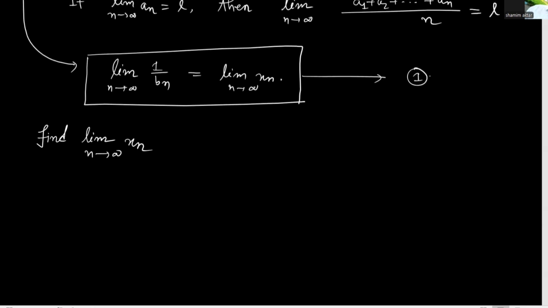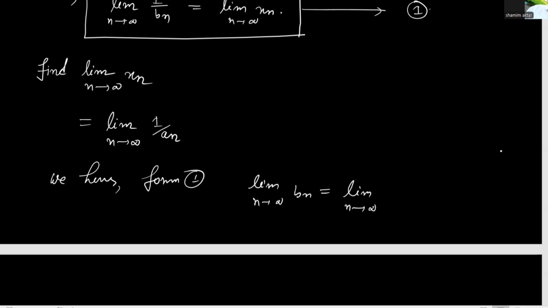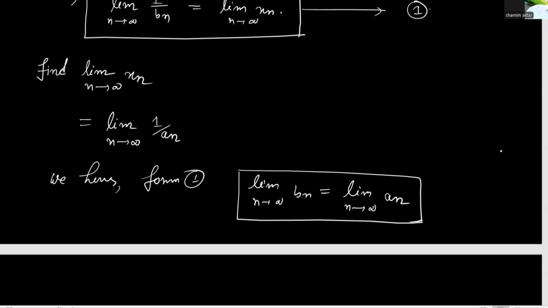How to find it? This is equal to the limit of 1 by a_n. From 1, the limit of b_n equals the limit of a_n. This is equation number 2.